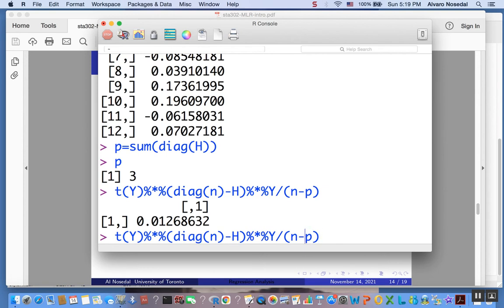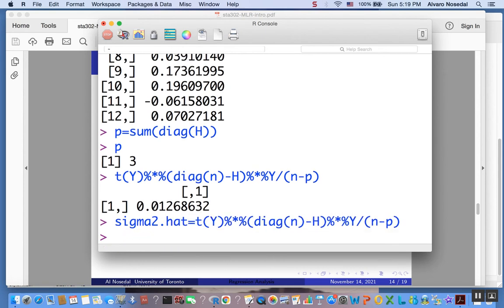It's there. It's a number because it's the estimator of sigma squared, the variance. So let me call it sigma 2 hat. It's the estimator of the variance of the errors. So that's the linear algebra approach, if you will, our formulas. Now let's do it in another way, a faster way.